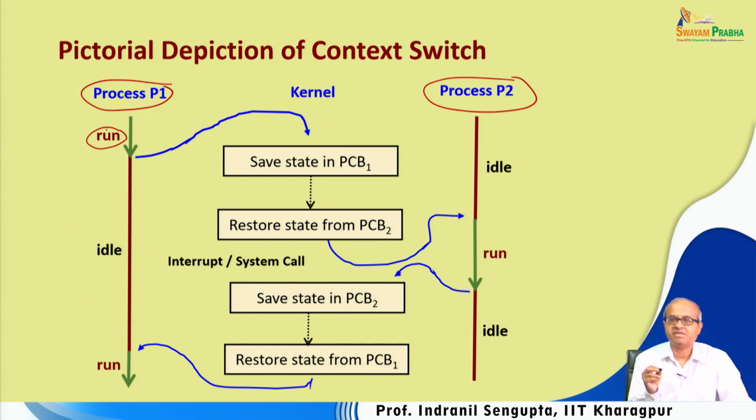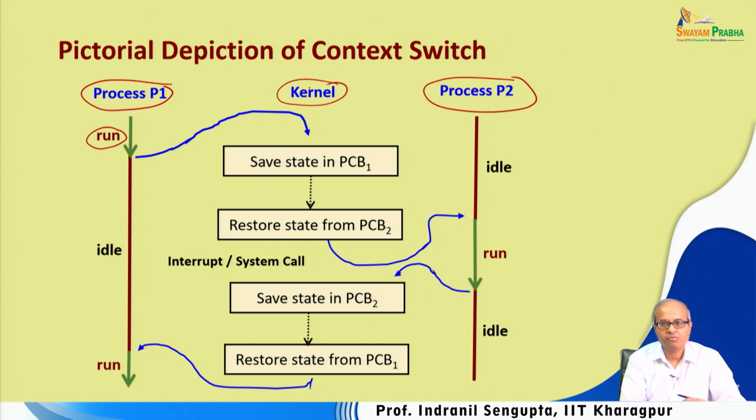So, whenever such a thing happens, the control moves to the kernel. What the kernel will do? It will first save the status of this running process P1 into the PCB, let us call it PCB1. Okay. And suppose the OS also decides that the next process to run is P2.